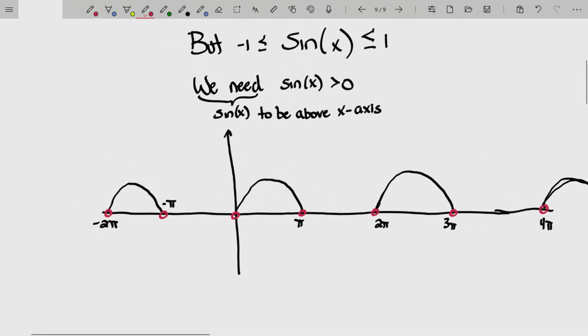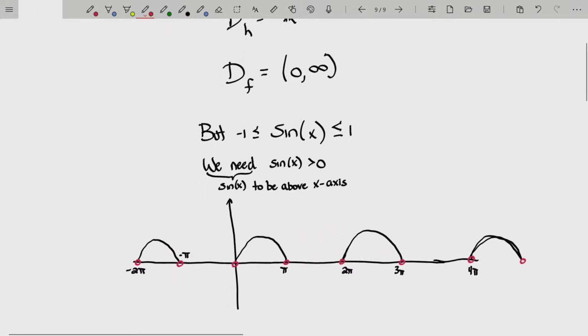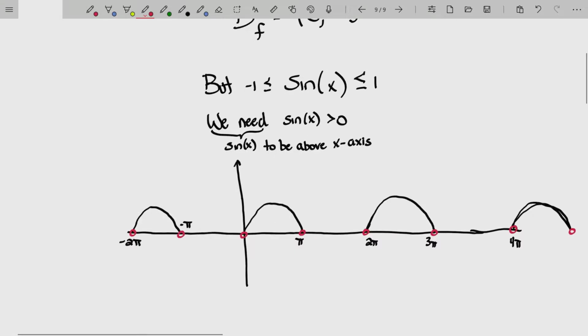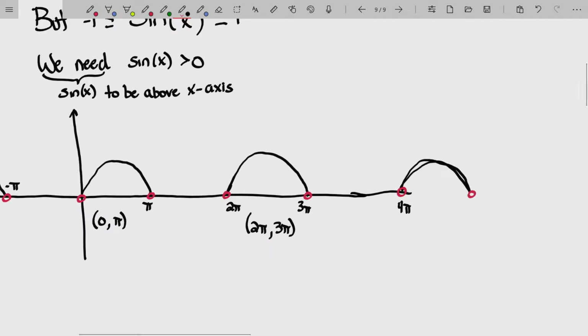So we have to find a pattern so that we can state what the domain of our composition is. Our domain requires that the sine be positive. Well, it seems to be positive from 0 to pi. I'm going to write that down below. It's positive from 0 to pi, and from 2 pi to 3 pi, and from 4 pi to 5 pi.